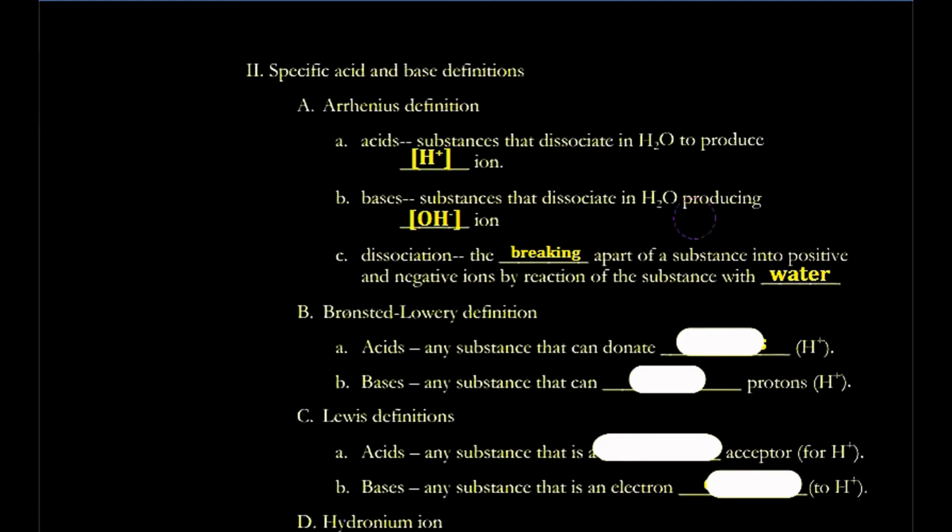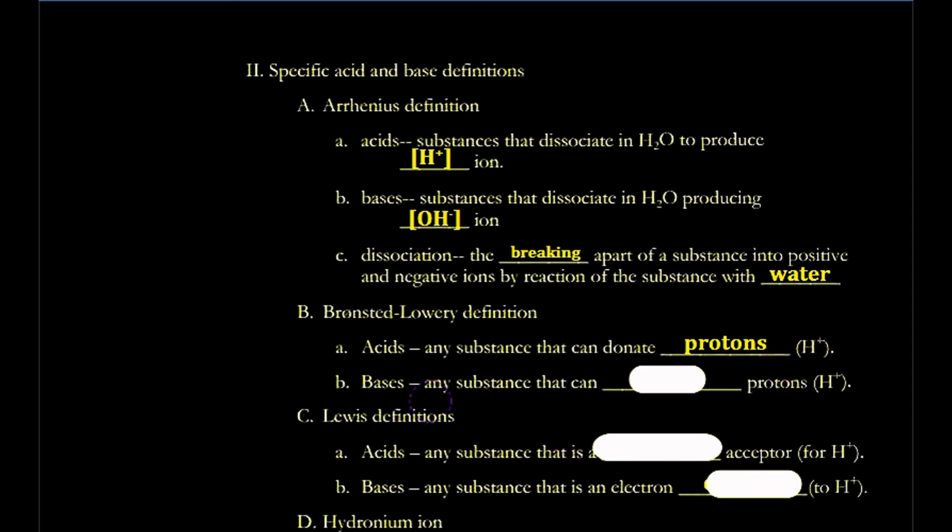Now an interesting thing about that hydrogen that goes over to the other water is that it also fits into the Bronsted-Lowry definition. An acid is any substance that can donate a proton. Well, a proton is that H plus that traveled over to the other water.